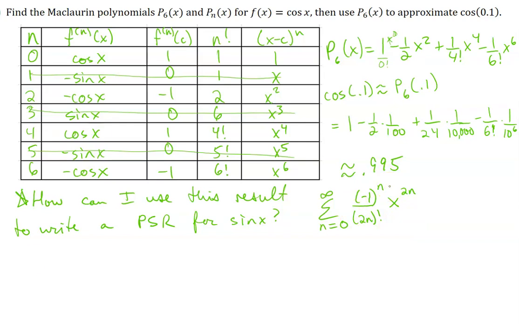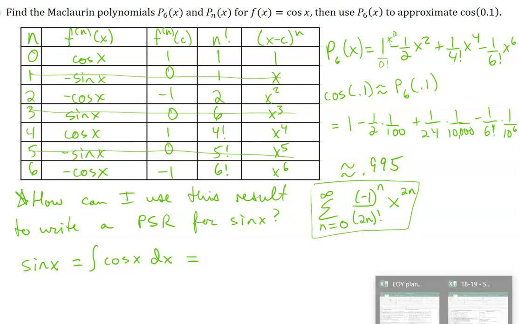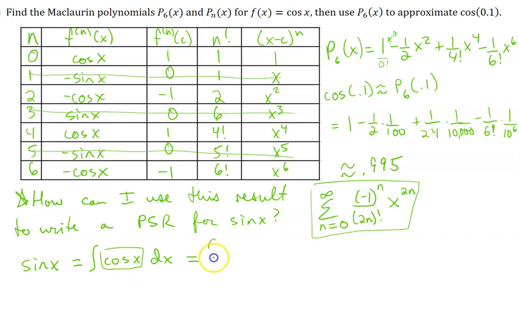Okay, so since sine x is equal to the antiderivative of cosine x dx, then I can take the antiderivative of this. So I'm going to plug this in for cosine. So it's the antiderivative of the sum of negative 1 to the nth over 2n factorial times x to the 2n, and then I need my dx, use correct notation.